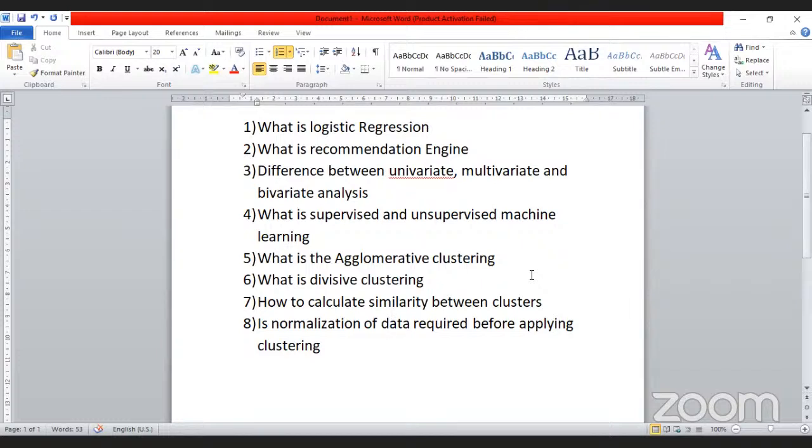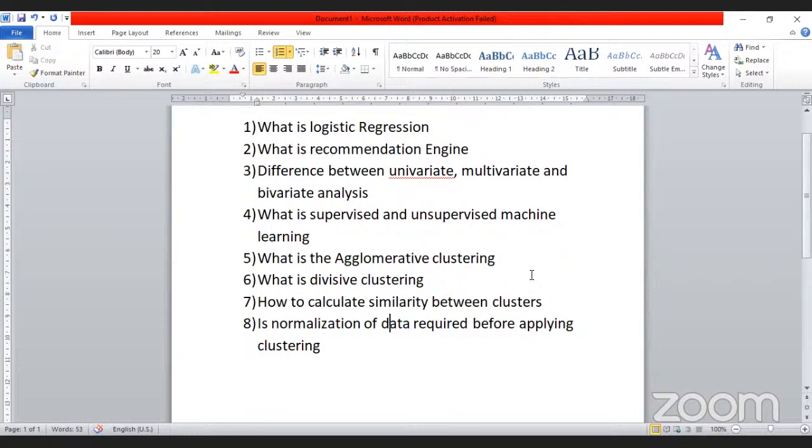Okay, so yes, normalization is required. Why? Because normalization is used to eliminate redundant data, right? It will give us clean data. That means when we form our clusters, it will give us good quality clusters.